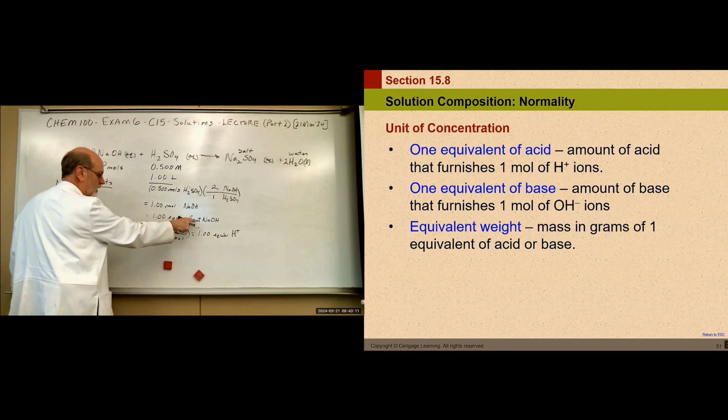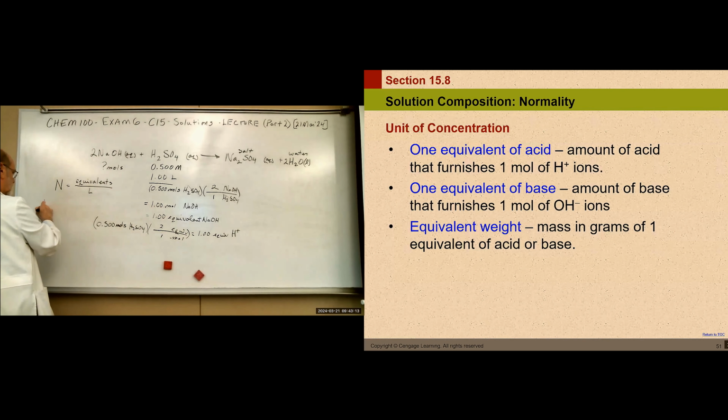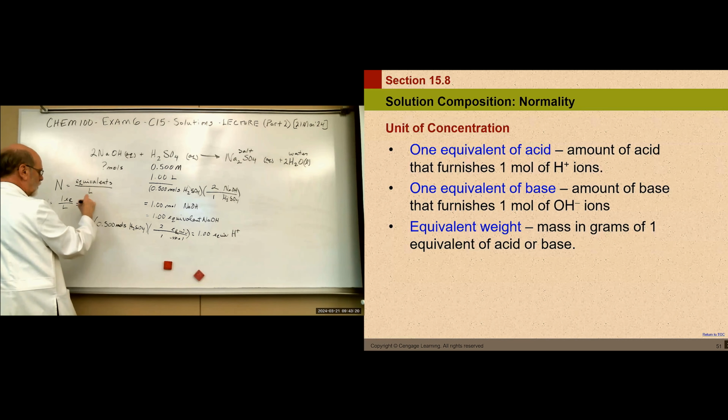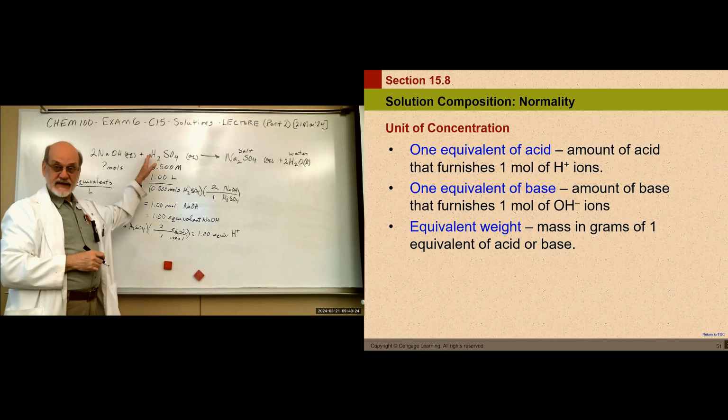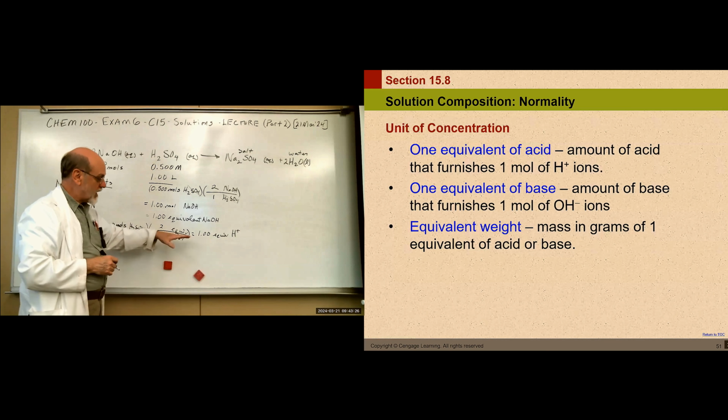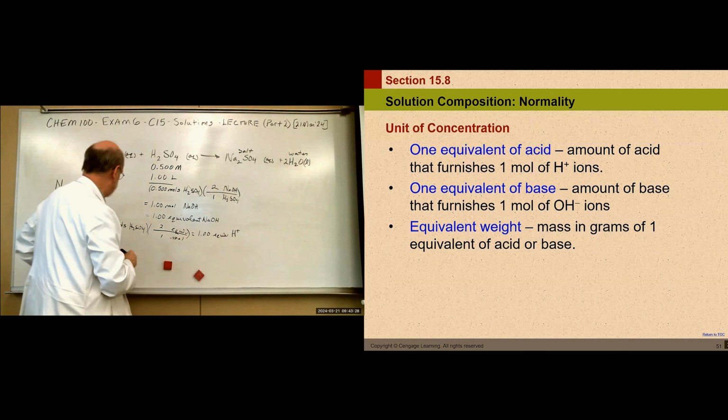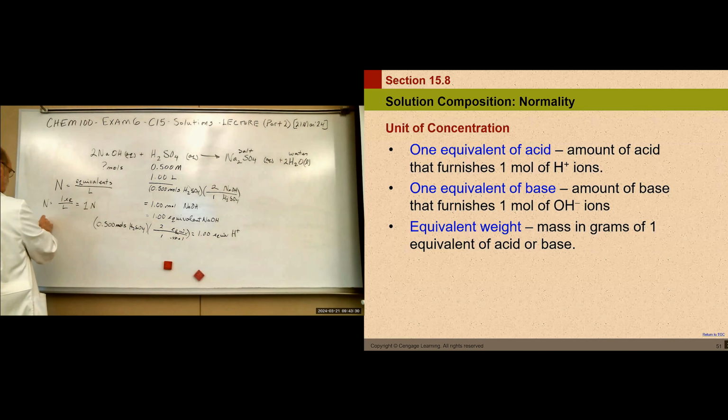If we have 1 equivalent per liter, that is 1 normal. And for the acid, we have 1 equivalent of hydrogen, which would be the same thing.